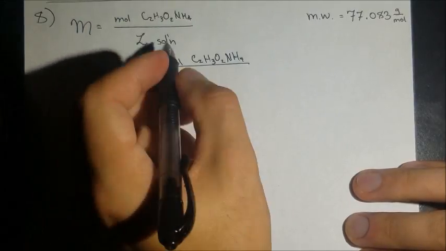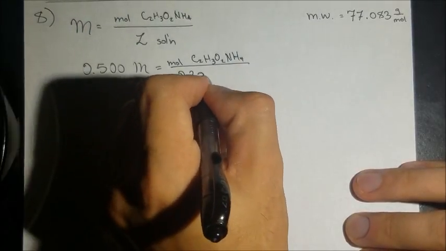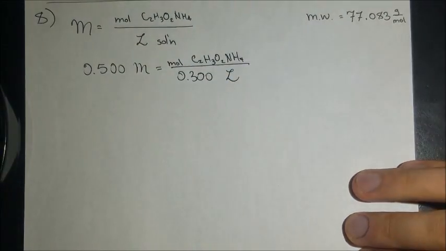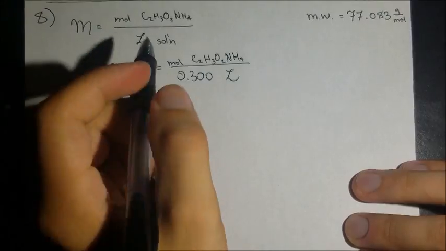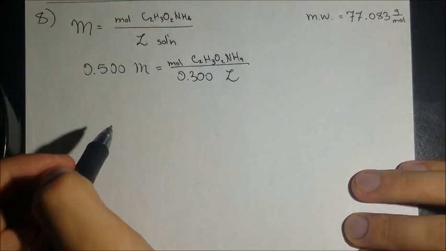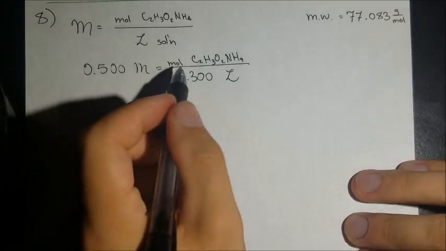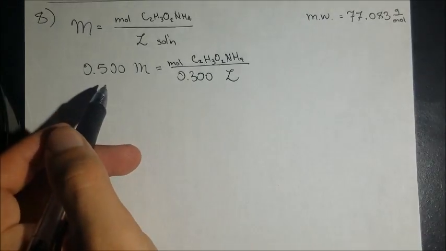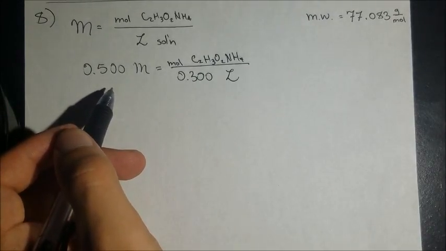So 300 milliliters is just going to be 0.3 liters. The last variable here is the number of moles of ammonium acetate. That is our unknown. So in order to solve for this, I'm just going to multiply both sides of the equation by 0.3.